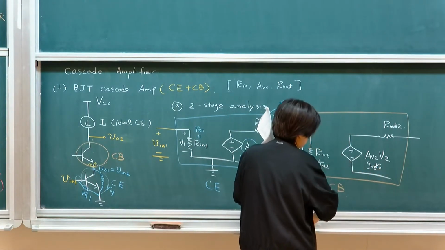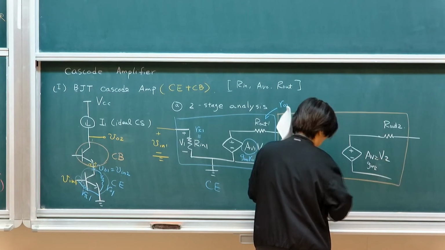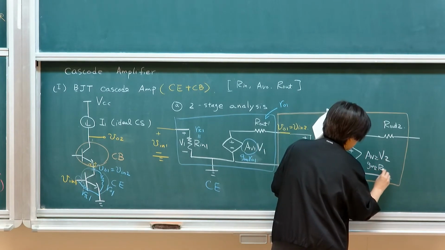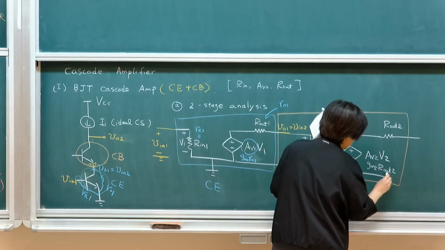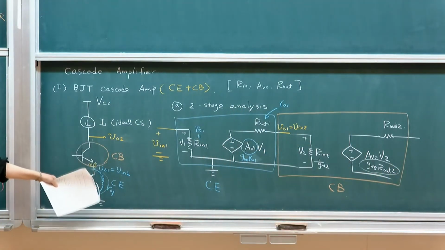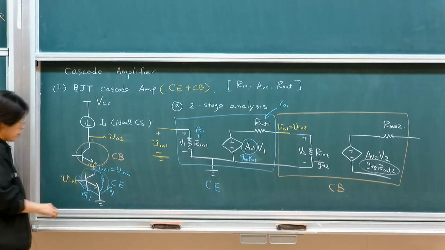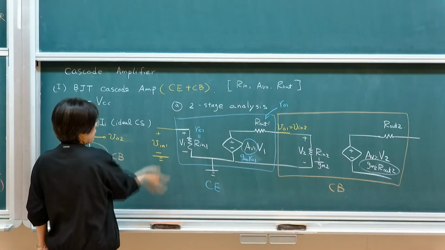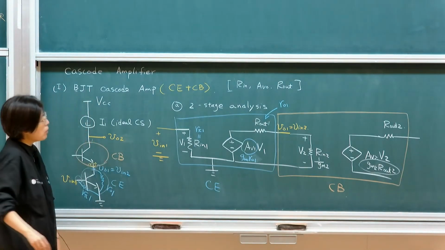I should say gm2 R out, because we're only looking downwards when it's open circuit. So if I'm multiplying this together, I'm using the same equation.